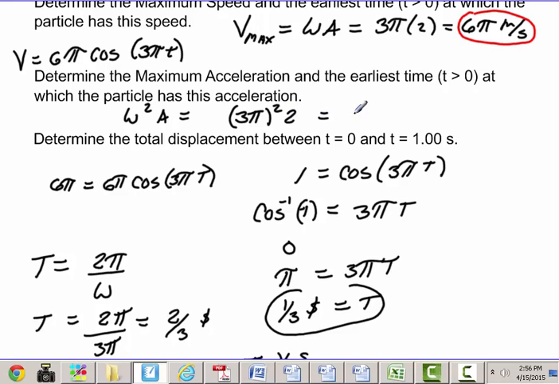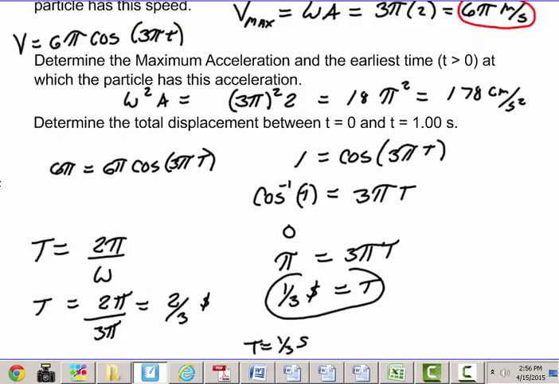That's going to give me 9 pi squared times 2. That gives me 18 pi squared, which will give me 178 centimeters per second squared. Alright, let's think about where that's going to occur.